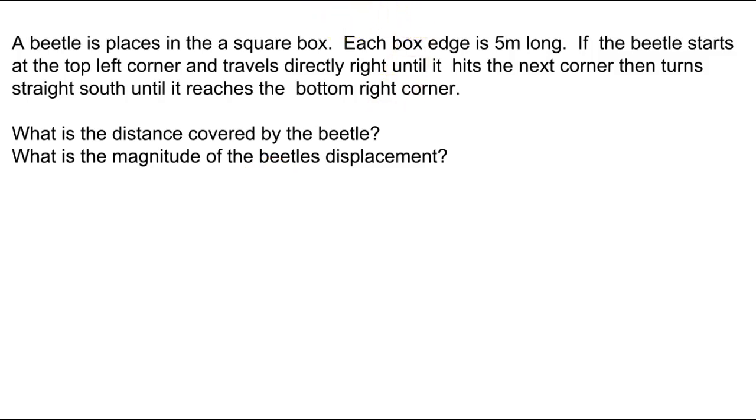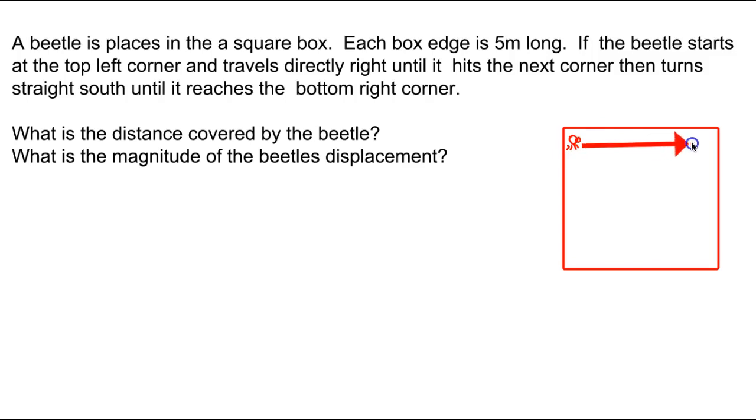All right, so let's get a picture here, because the pictures always matter to us. Okay, the frame of reference. So here's my box. I have my little beetle. Let's get him in there. No judgment on my little beetle. So my little beetle goes straight right until it hits that corner.